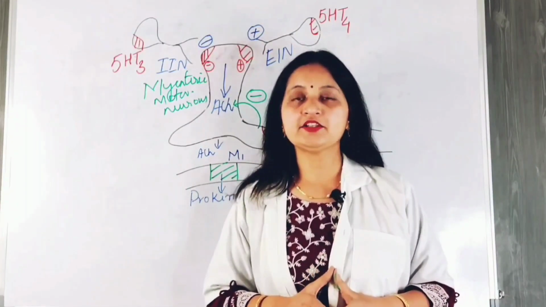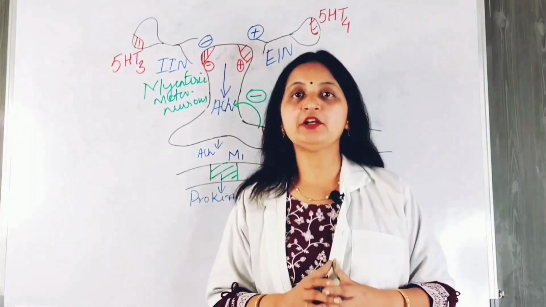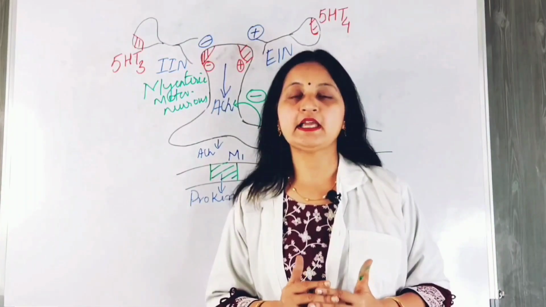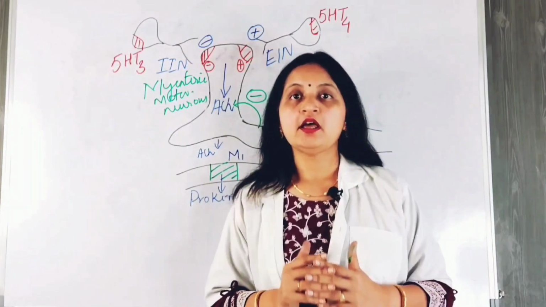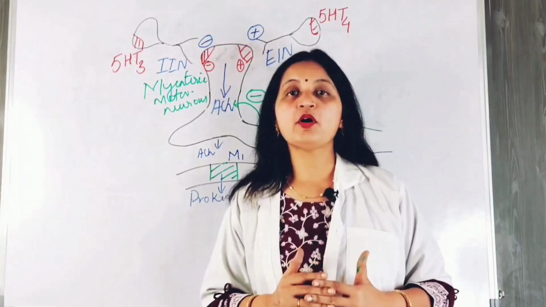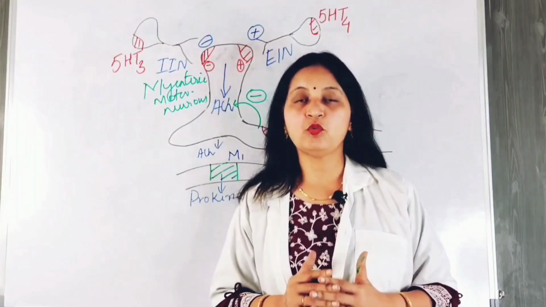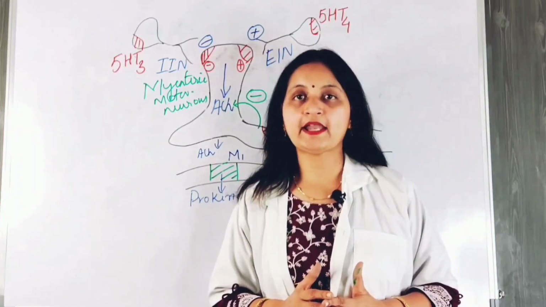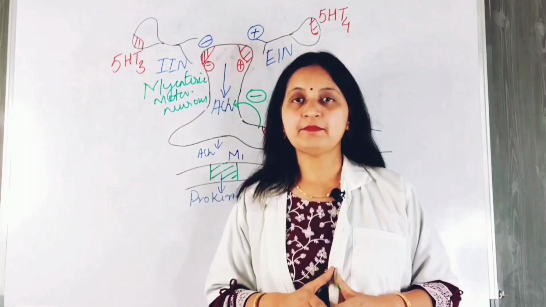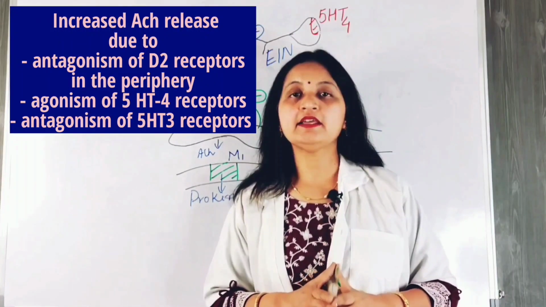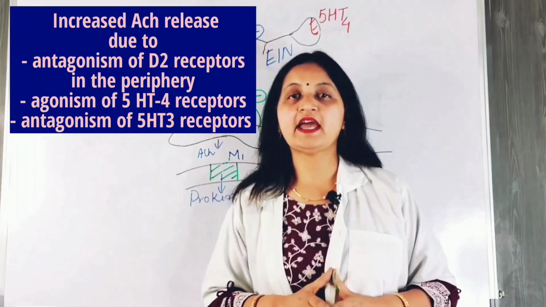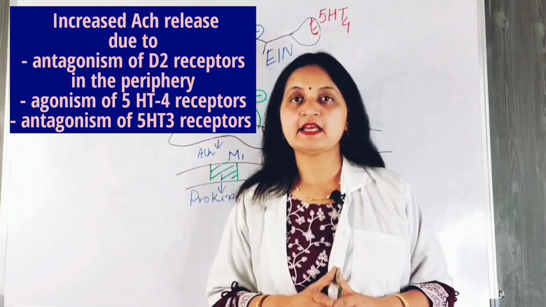The prokinetic agents include metoclopramide, domperidone, cisapride, etopride, renzapride and so on. Most of the prokinetic agents act through one or more of the following mechanisms. Firstly, by antagonizing the D2 receptors in the periphery, they increase the release of acetylcholine and enhance the prokinetic effects.